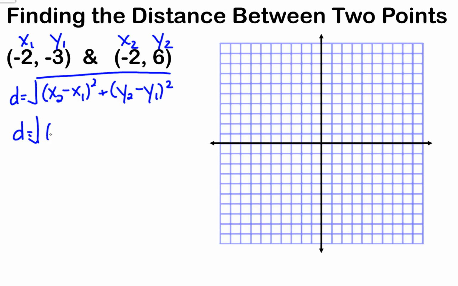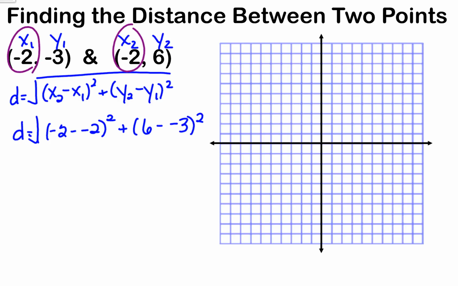I will do -2 minus -2 squared, because those are my x values, and 6 minus -3 squared, because those are my y values. I'll take the square root of all of that.